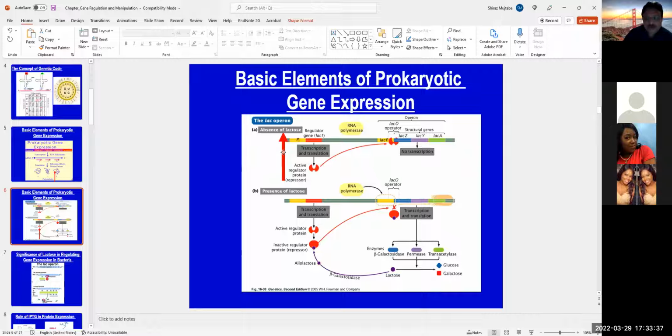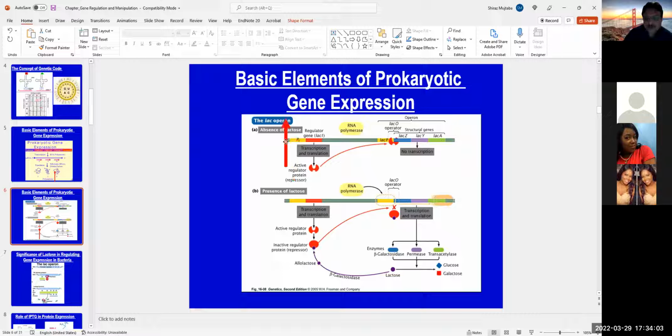But sometimes glucose is not available, and lactose is there. So the presence and absence of lactose inside the bacterial body can impact an operon. What is an operon? An operon is a gene. It could be a multi-cistronic gene that can code for various proteins.